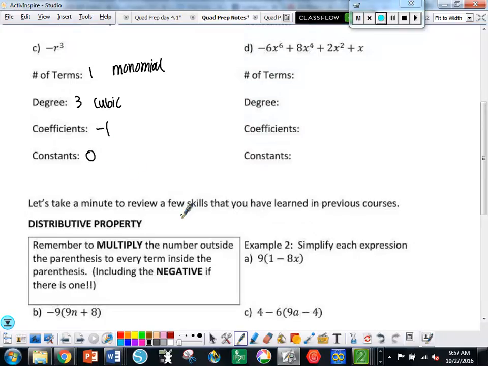And this one, number of terms, is 4, so what would I call that? Polynomial with 4 terms. The degree is 6. Is there a special name for degree 6? Not that you have, so we're just going to call it degree 6. The coefficient is what?